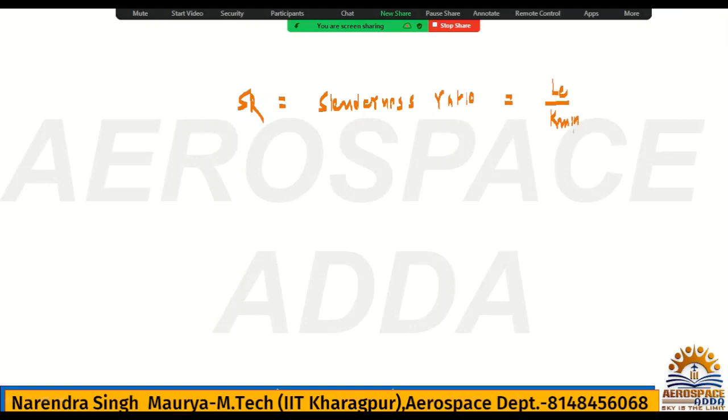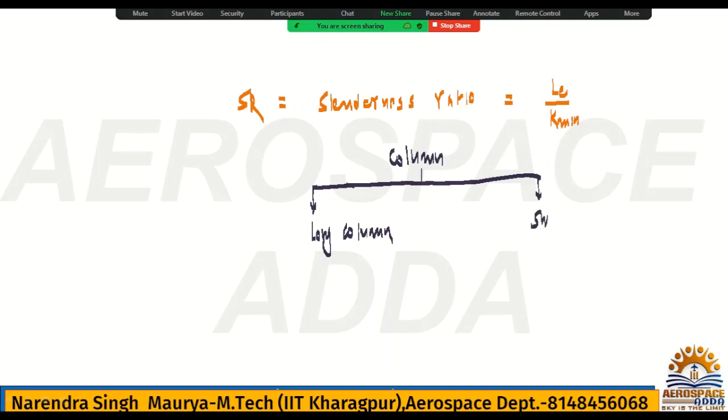This value will define whether the column is short or long. As I told you, we have two types of column: long column and short column. I also told you that a short column is also called a strut.